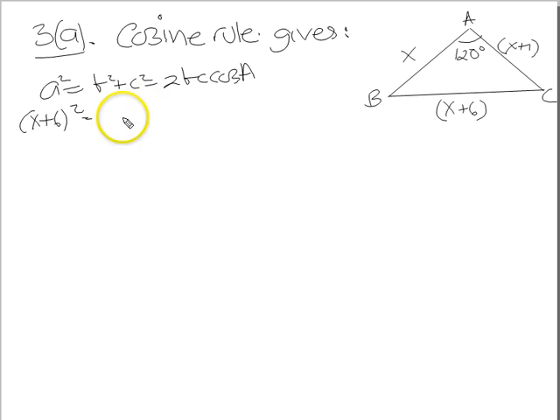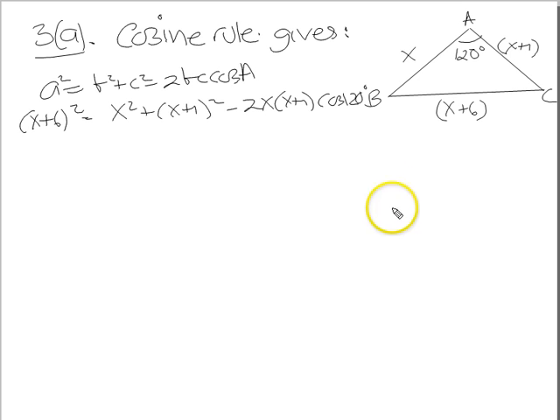It doesn't matter which way around we write these two things, does it? So I'm going to write x squared plus x plus 1 squared minus 2 times bc, so I'll put x plus 1 there as a product, cosine of 120 degrees. There we are. Okay, so that's what we've got.